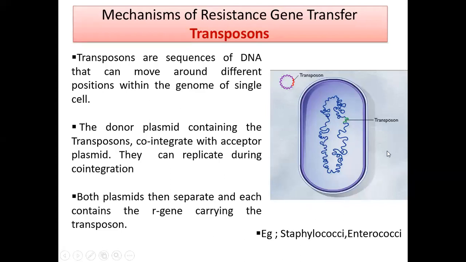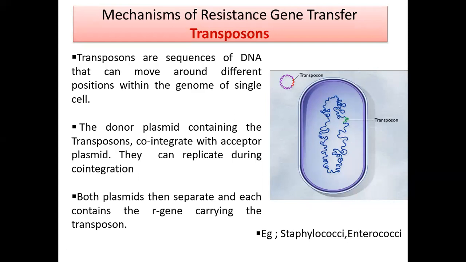So the jumping genes are called transposons, right? It means they can jump to any location of the DNA, but it is restricted to one cell only. Within the cell, the DNA can jump.